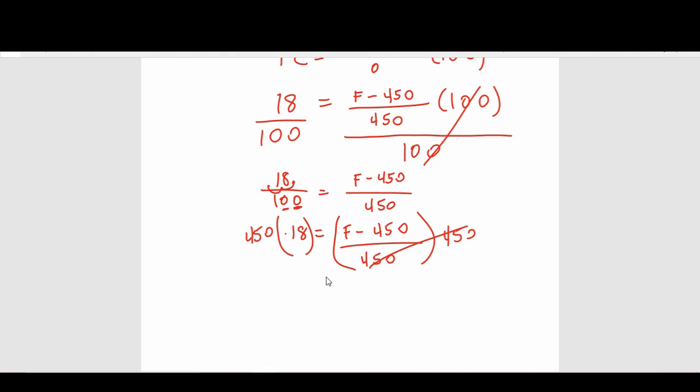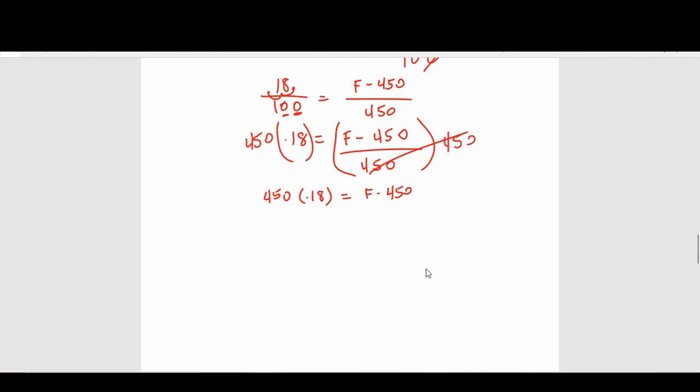This crosses out. We're left with 450 times 0.18 equals F minus 450. Again, the goal is to solve for F, the final amount, how many employees it has now, assuming there was an 18% increase in the company's staff. So the next thing I want to do is work this out. That is, I want to find out what 450, a whole number, times 0.18, a decimal, is.